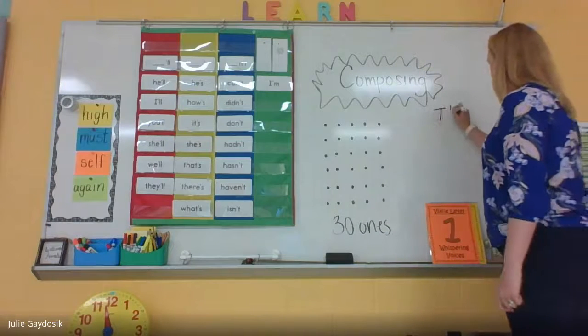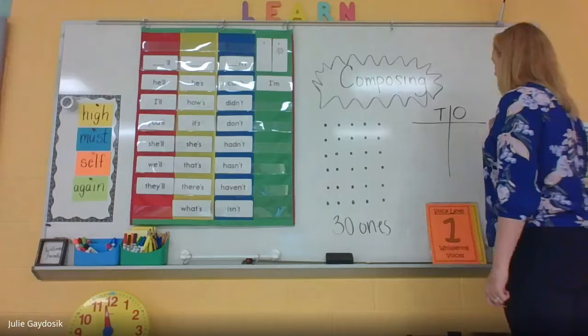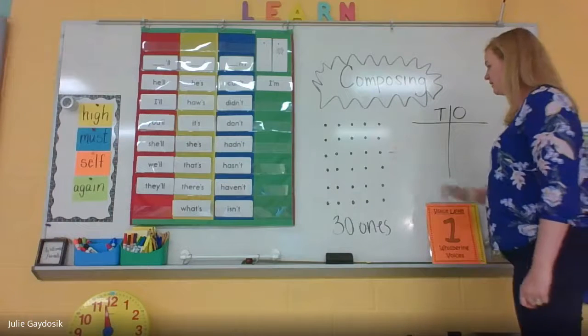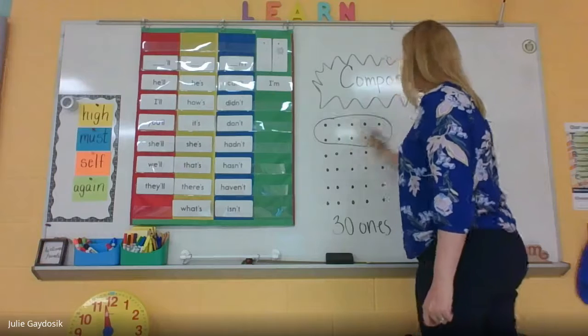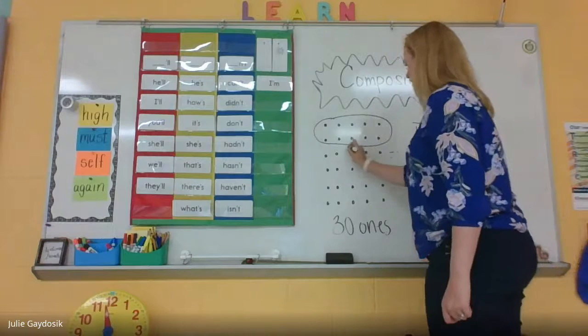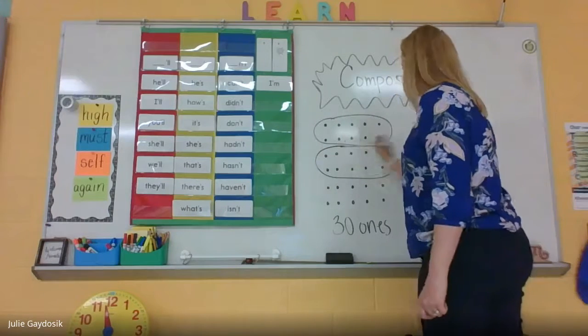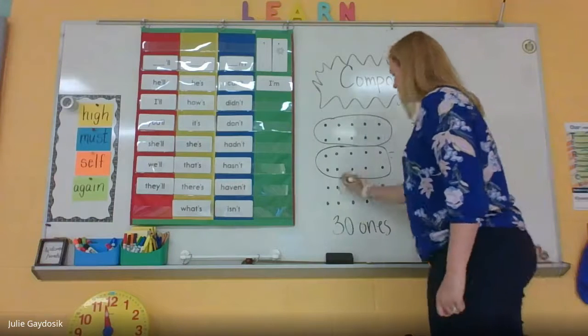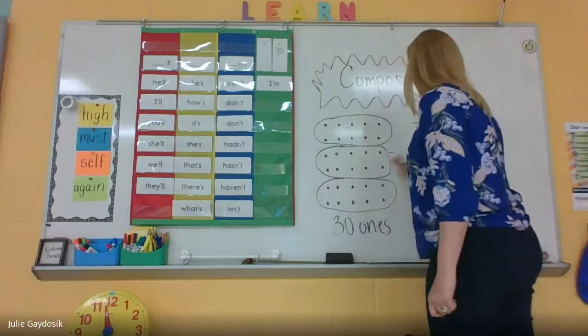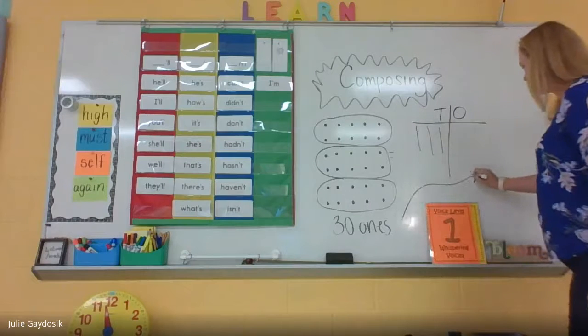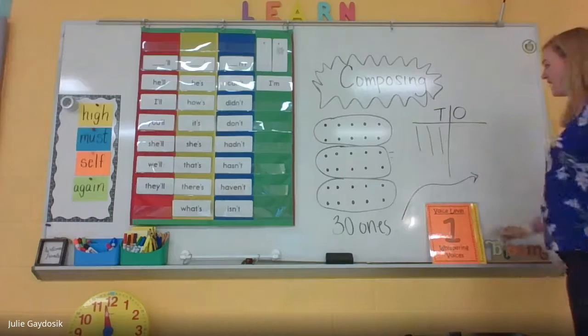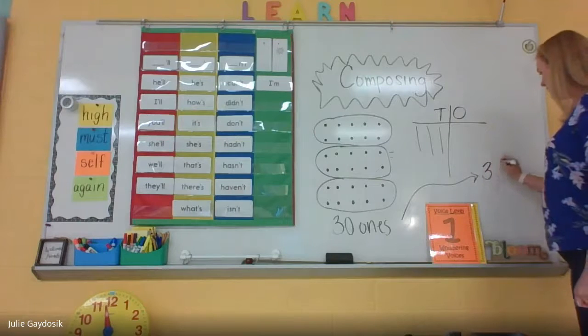I'm going to make a tens and ones chart because it's going to be easier to organize my information. Here's one group of 10. Here's a second group of 10. And here's a third group of 10. So 30 ones is the same as 3 tens.